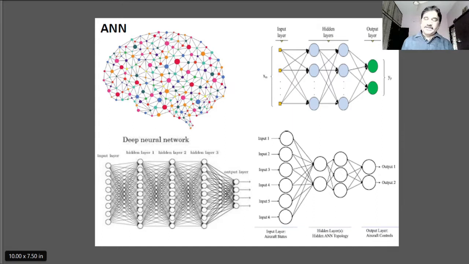Once this is given to you, you are supposed to draw the neurons. Suppose my input layer has 6 neurons, and the first hidden layer has 2.